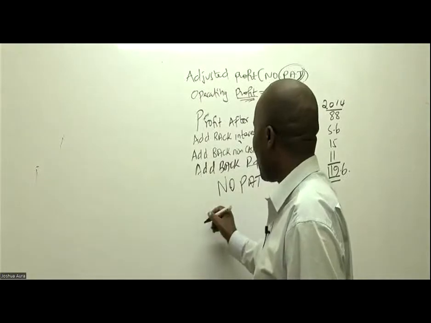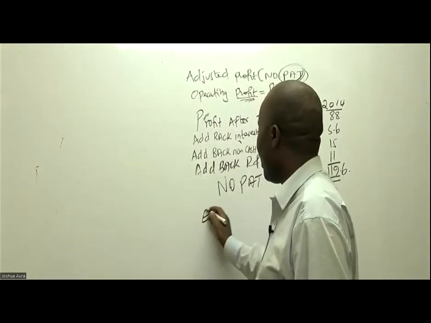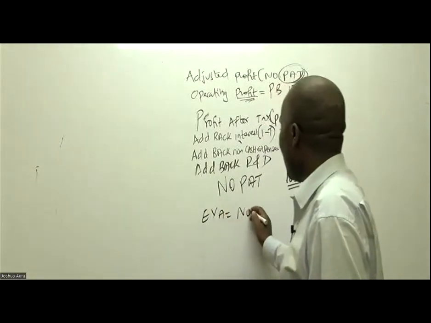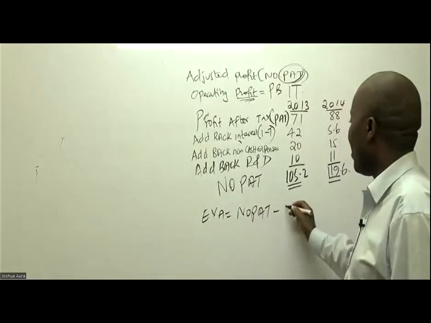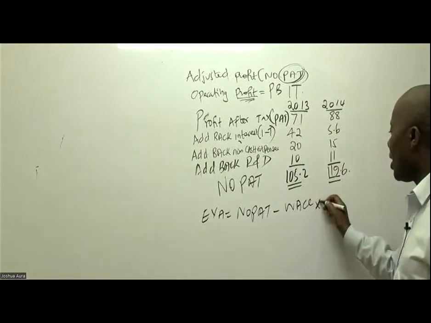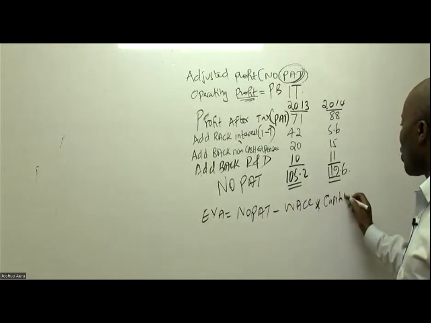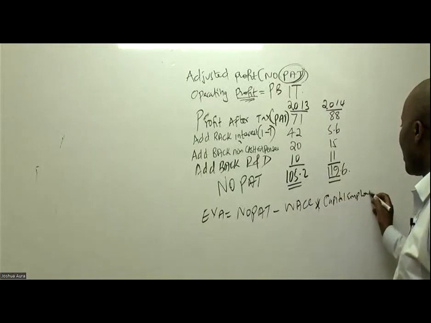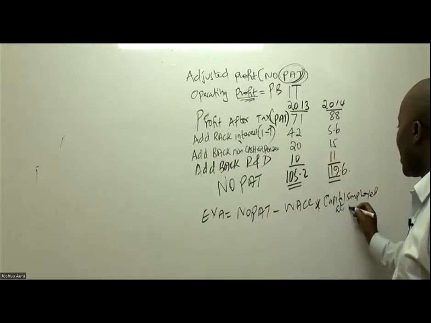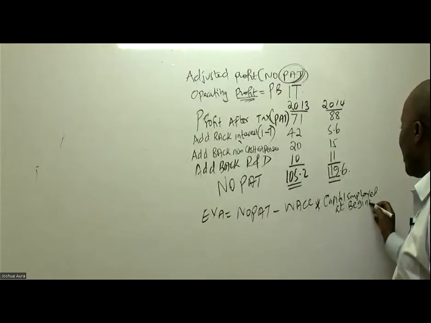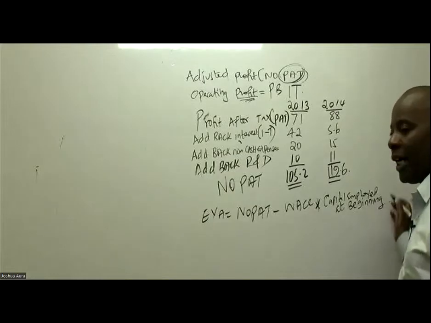I'll tell my examiner that EVA equals NOPAT minus WACC times capital employed at the beginning.